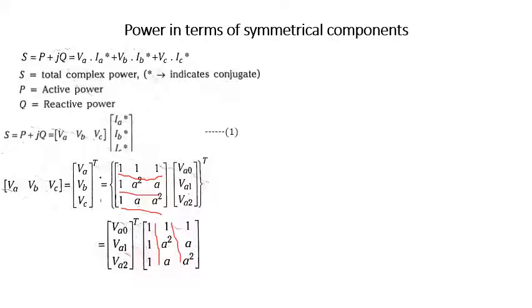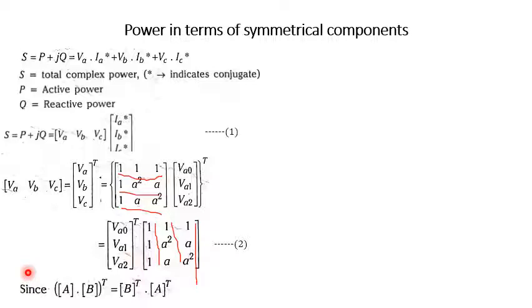Observe the row 1 a² a: the first row stays in the first column, the second row in the second column, the third row in the third column. The third row is nothing but 1 a, so it becomes the third column. This is the second equation.